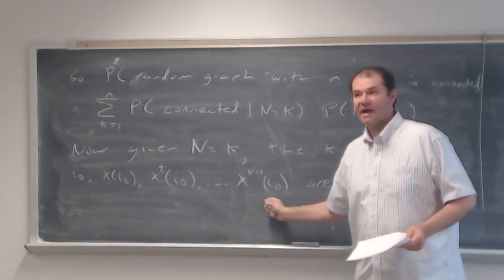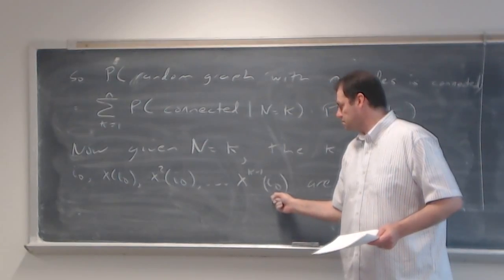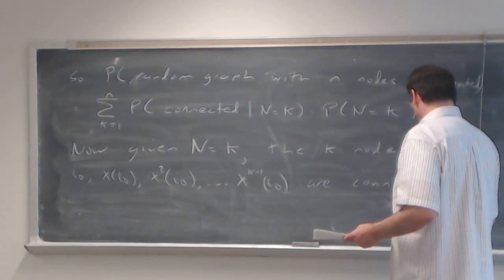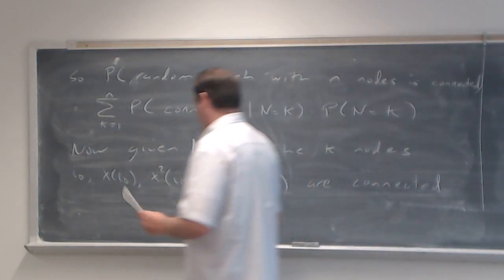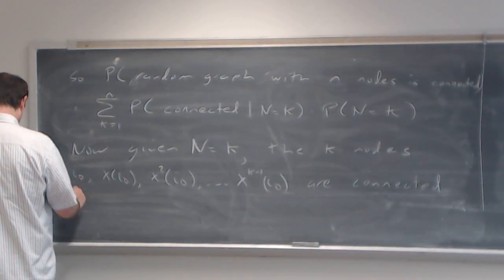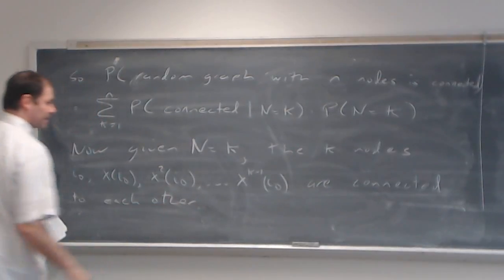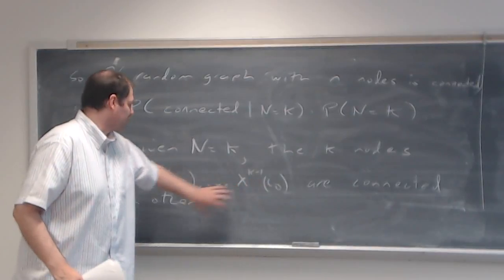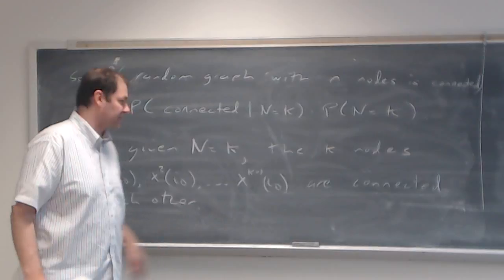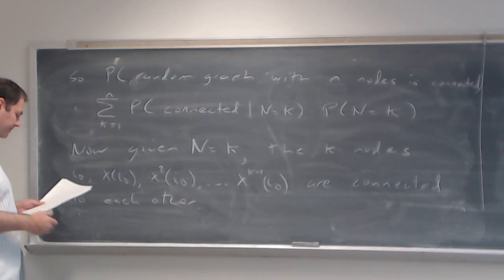The x raised to the k is one of these already listed, but we'll just have this list, one short, connected to each other. The x of k is one of these, so this node is sent to one of the previous ones in this outcome random graph.